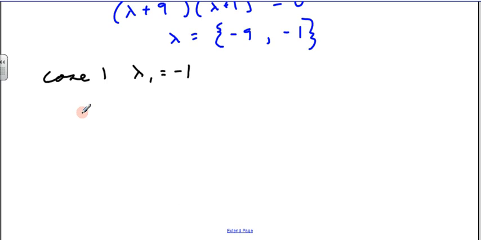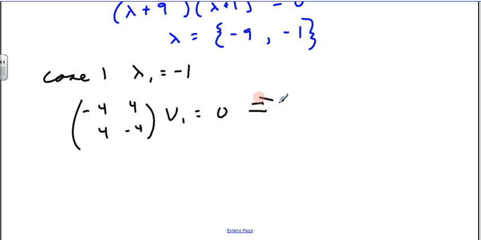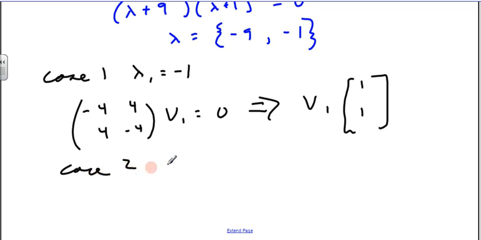So I've got minus 4, 4, 4, minus 4 times V1 has to be 0, which implies by inspection V1 is 1, 1. In case 2, lambda 2 is equal to minus 9.